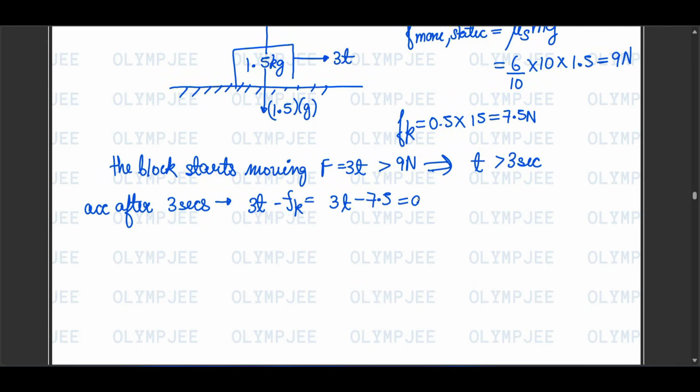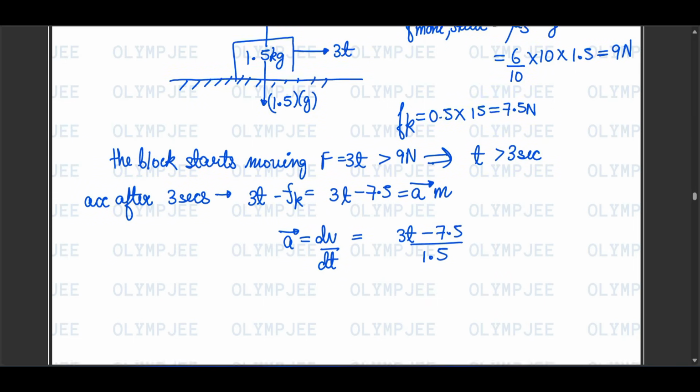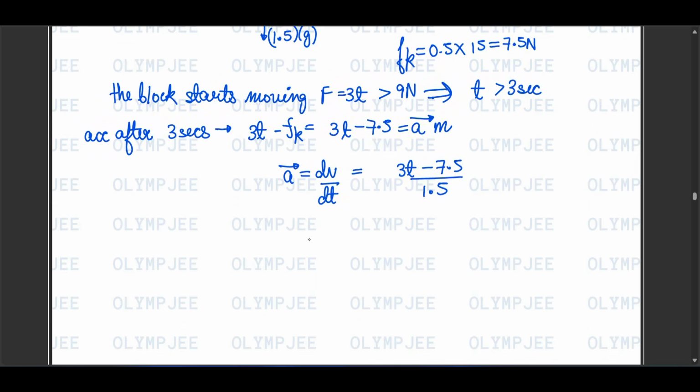This is the force, sorry, acceleration multiplied by mass. So we get that acceleration, which is equal to dv by dt, is given as (3t minus 7.5) divided by 1.5. Now we can find the velocity after 5 seconds.